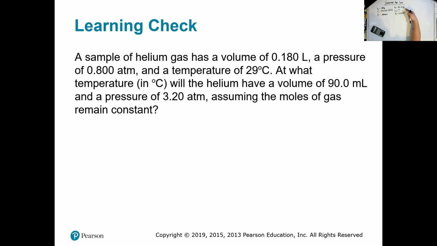So I'm just going to take this milliliter value and convert it into liters, because I had space over there. But you could have taken this 0.180 liters and used it as 180 milliliters to do the rest of the calculations that we're about to do.